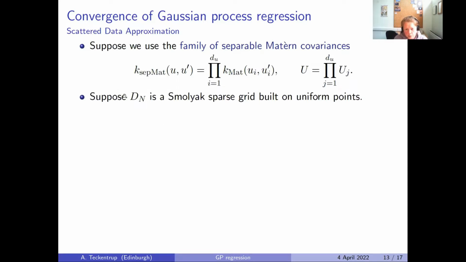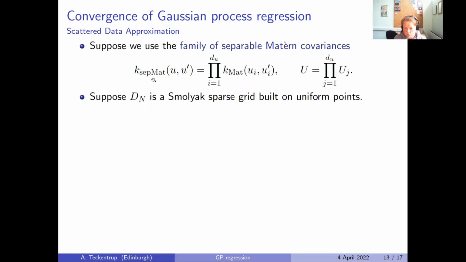So in particular, I wanted to show you this one result that is based on choosing the interpolation points, the design points where you evaluate your function f. You choose it as a sparse grid, right? So you can choose a particular grid built on just uniform points. You do have to choose a particular kernel.